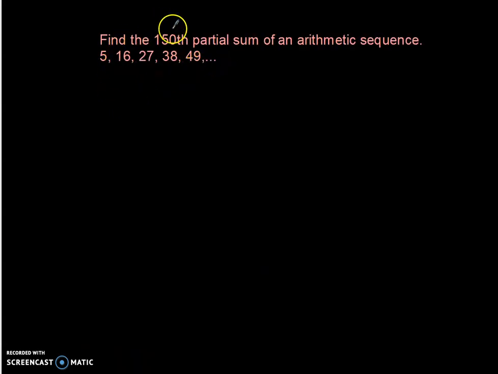So you're going to find the 150th partial sum of an arithmetic sequence. So we're stopping at a particular term, that's the 150th term. So we already know that n would be 150 because there's 150 terms we're working with.